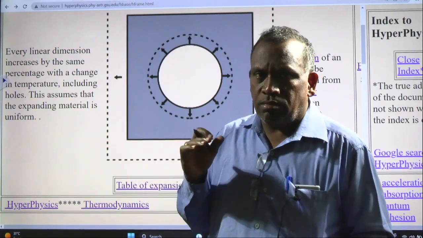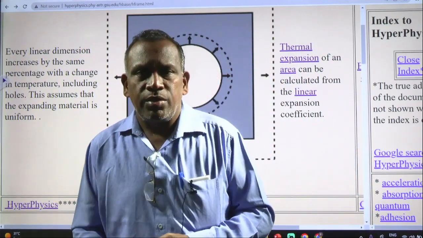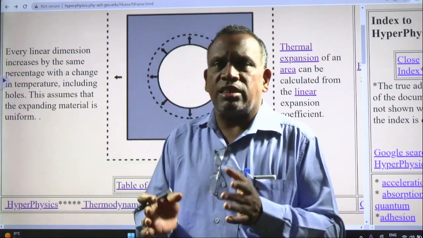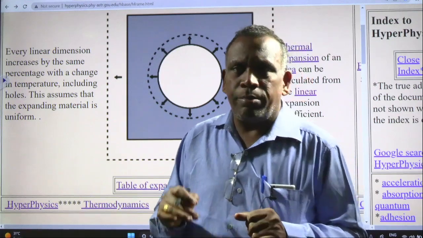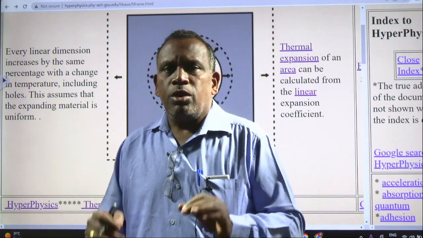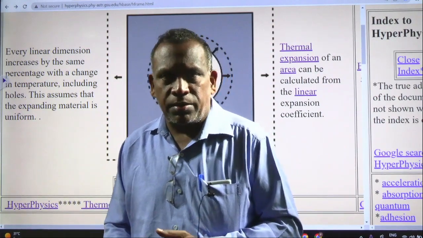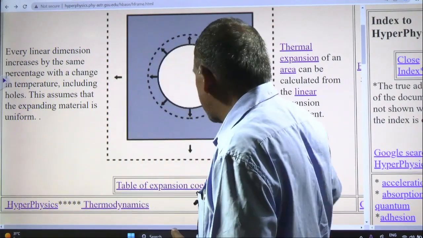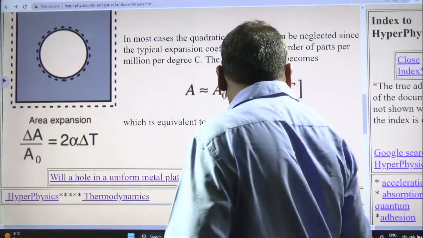This change in area is directly proportional to the change in temperature. That constant is called beta. Beta is nothing but the coefficient of areal expansion or coefficient of superficial expansion.